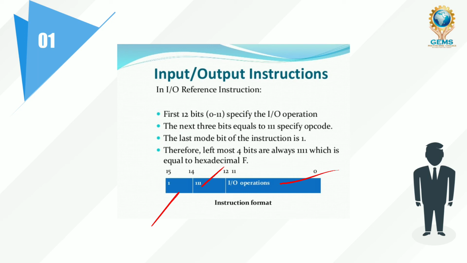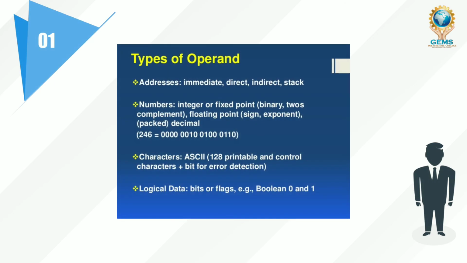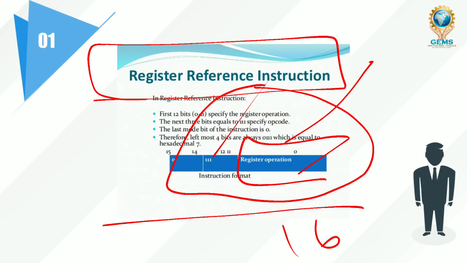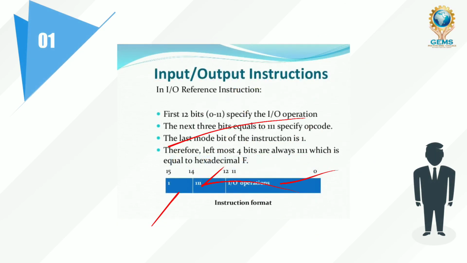So till now we have seen 3 types of instructions. One is the memory reference instruction. The second one is the register reference instruction, and the final one is the input output instruction.